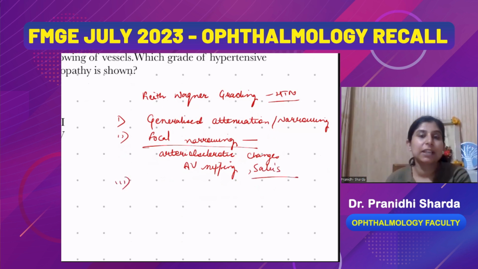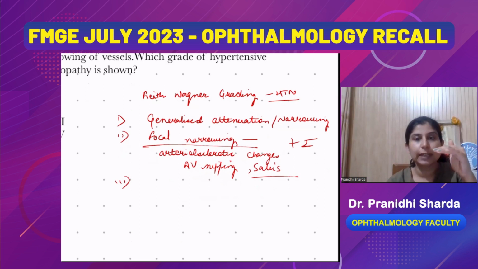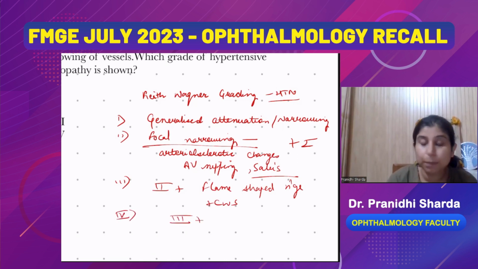In Keith-Wegener, we always say grade 1 is generalized attenuation, grade 2 is grade 1 plus focal narrowing, grade 3 is grade 2 plus flame-shaped hemorrhages and cotton wool spots. And grade 4 becomes grade 3 plus papilledema.